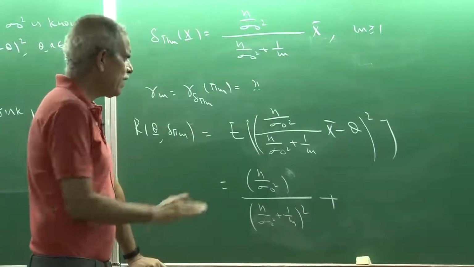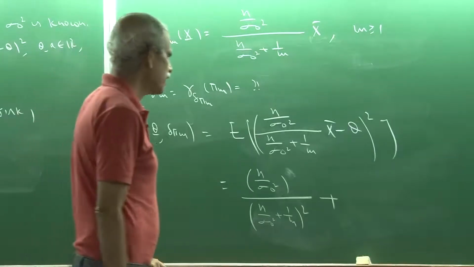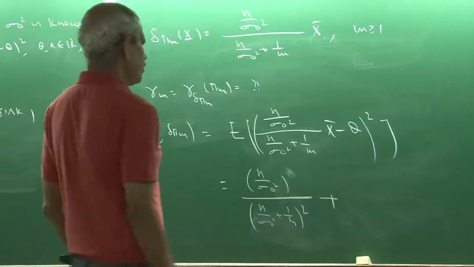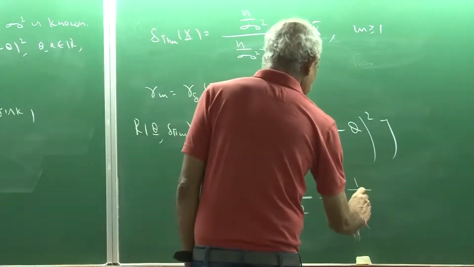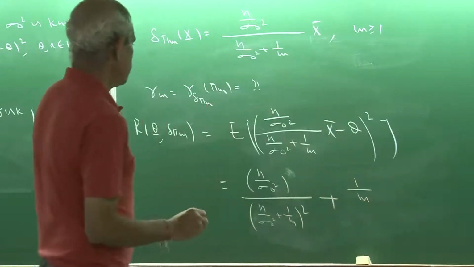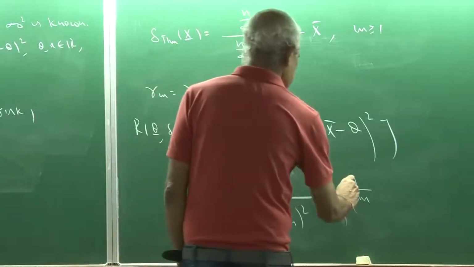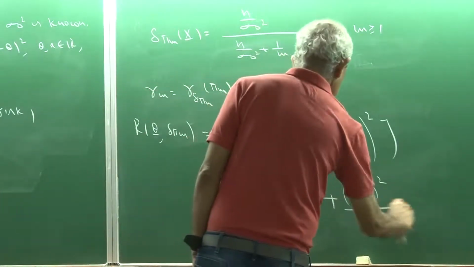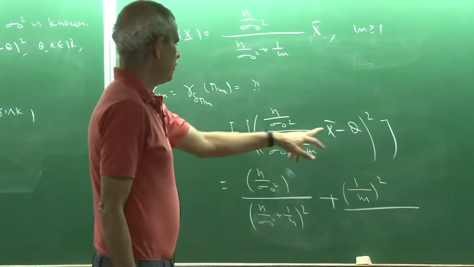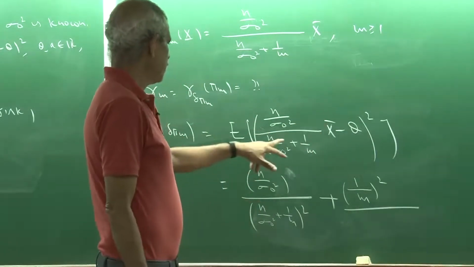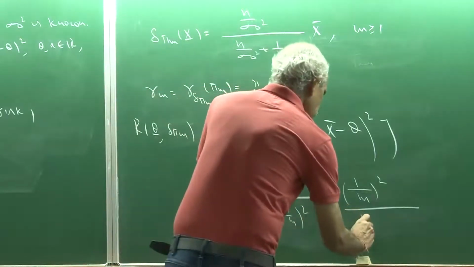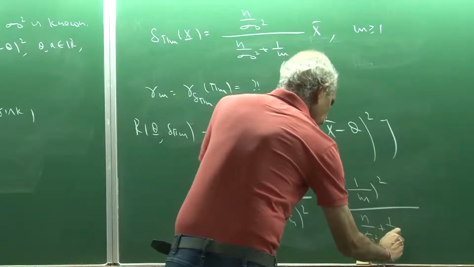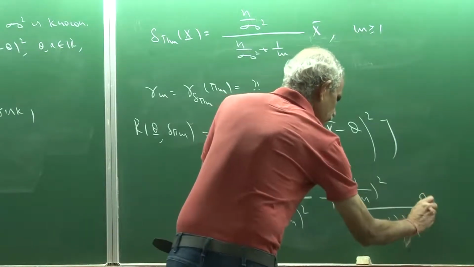So theta square would go away and this minus 1 is how much? n by sigma naught square gets cancelled. So 1 by m whole square divided by n by sigma naught square plus 1 by m whole square theta square.